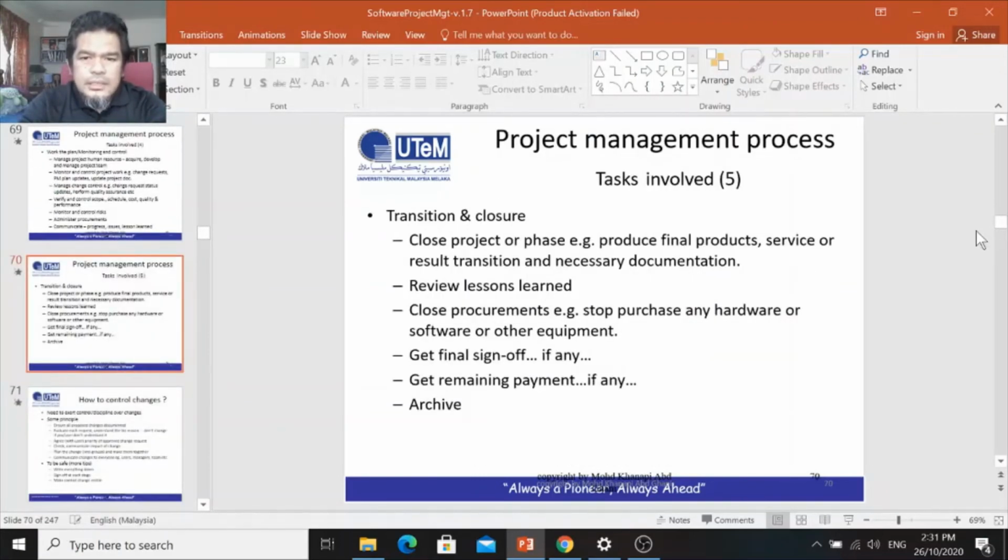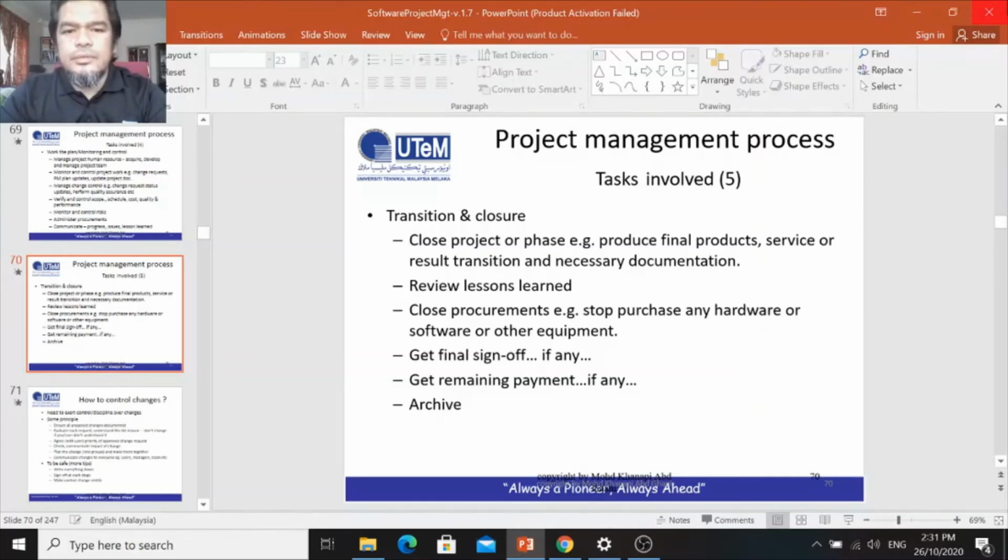So the last task involved in the project management process is transition and closure. Once the project is toward the end of the timeline, you need to do some housekeeping.